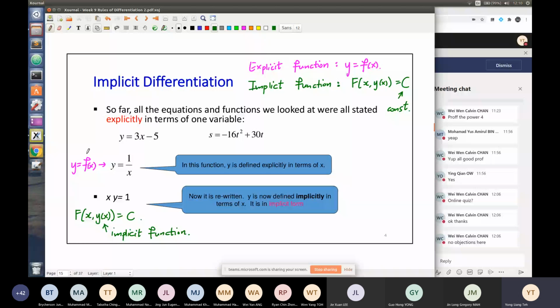Let me write a note here. Not all implicit function forms can be rewritten in the explicit form.